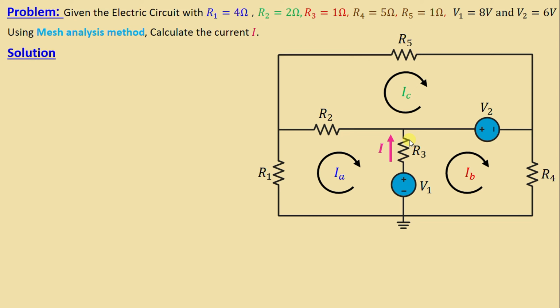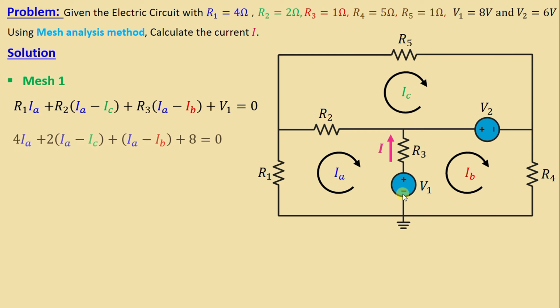Let's start first with mesh number 1. By applying Kirchhoff's voltage law in mesh 1, we can write R1 IA plus R2 (IA minus IC) plus R3 (IA minus IB) plus V1 is equal to 0.